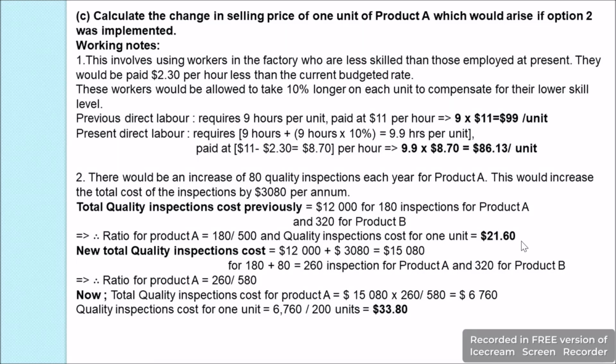Now if option 2 is implemented, then the total quality inspection cost will increase by $3,080. So 12,000 plus 3,080 will be $15,080. And there will also be an increase in the quality inspections by 80. So it will be 180 plus 80.